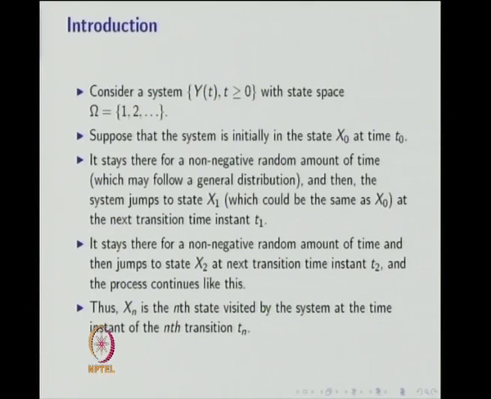Suppose that the system is initially in the state x0 at time t0. It stays there for a non-negative random amount of time, which may follow a general distribution, and then the system jumps to the state x1 at the next transition time instant t1.